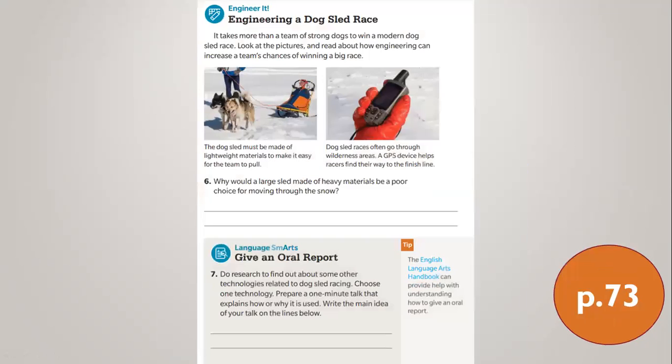Here, engineers. You know the engineers are people that are trying to make our life easier. They're trying to improve everything around us to make it easy for us. So they look at this dog sled race, and they think about it. How can we improve this sled?